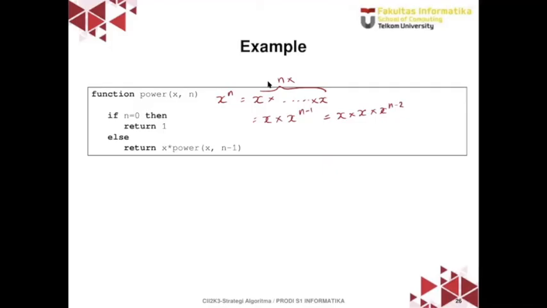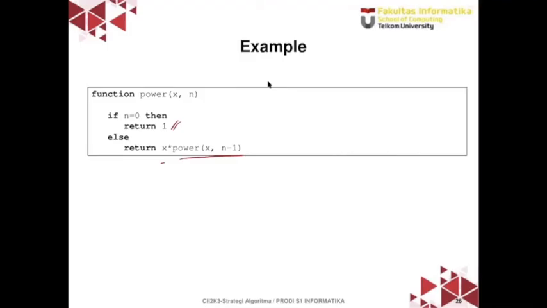So here, when n equals 0, we directly return 1. And for the other case, we multiply power(x, n minus 1) with x.